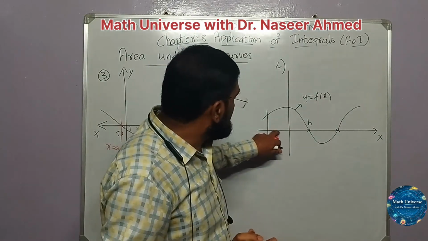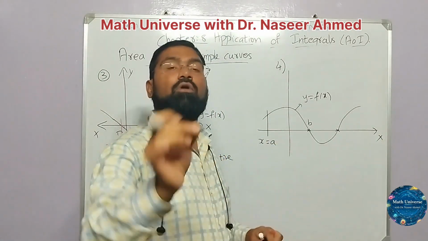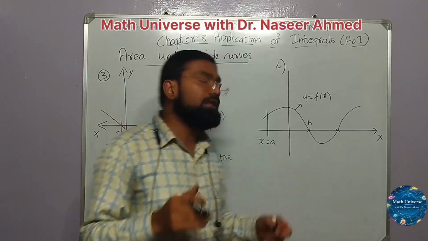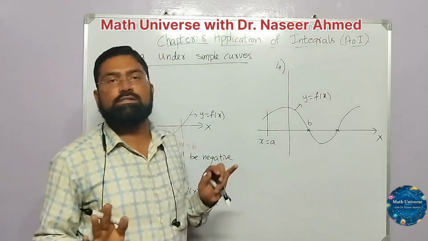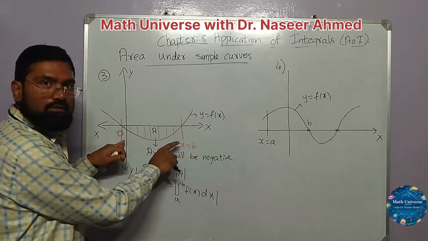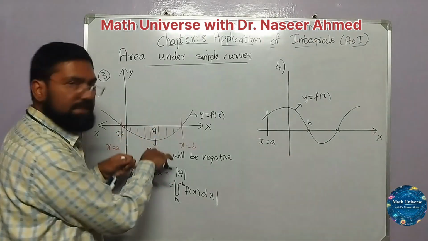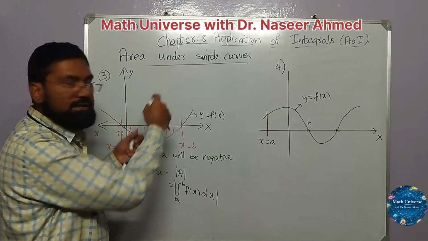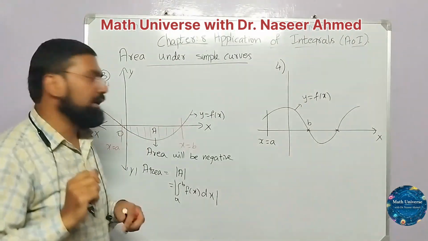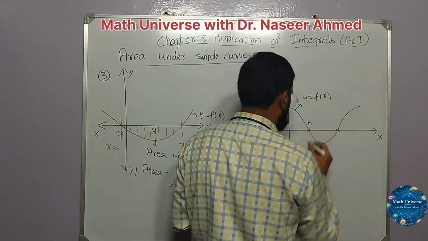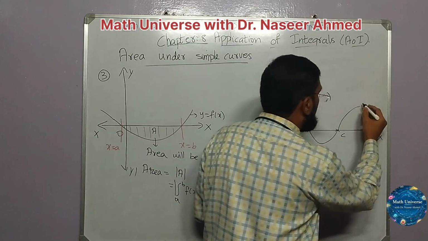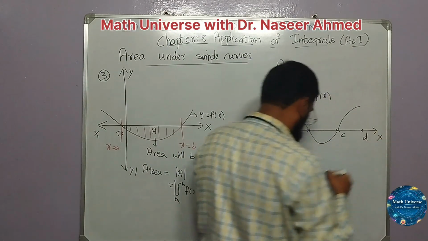I'm not just randomly taking any point here, only the point of intersection between the curve and the x-axis. Similarly, you can see here also, because as soon as it crosses the x-axis, whether below or above, the area sign will change. Okay. Now you see this. Here it is C, and here, suppose it is D.